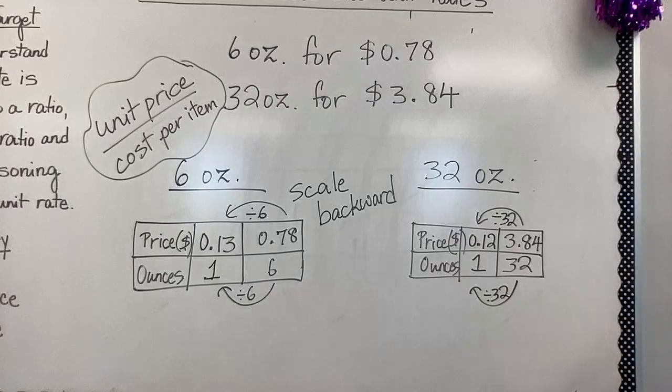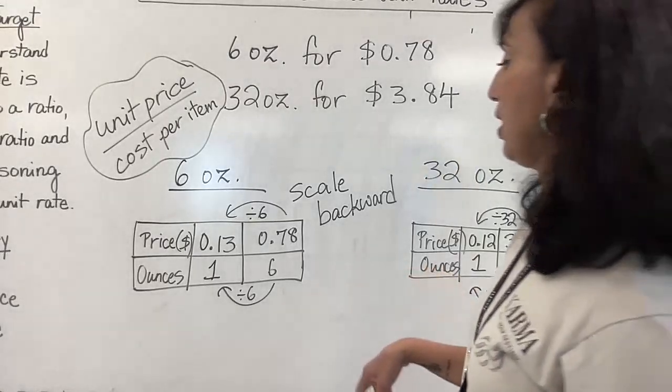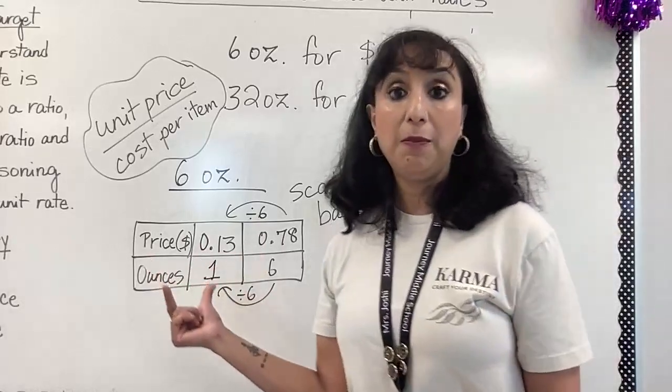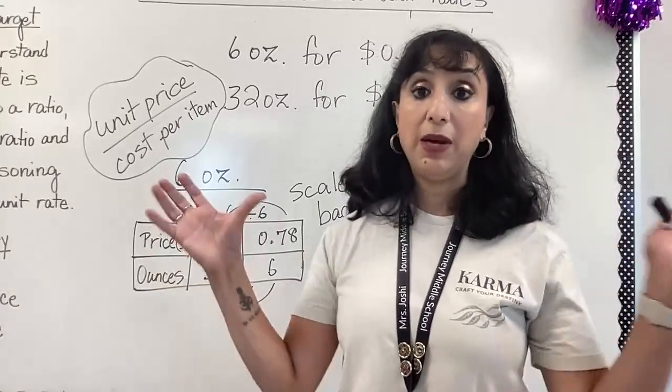All right. Now, per ounce, the 32-ounce container of yogurt is the better buy because the unit price is less than the price of the 6-ounce container. And this is the one very often children, they just go straight up and pick the bigger decimal, thinking that bigger is always better.